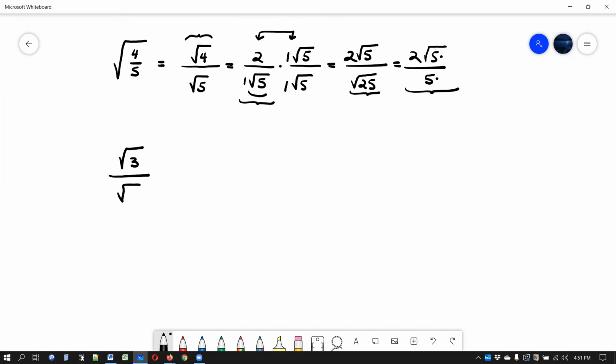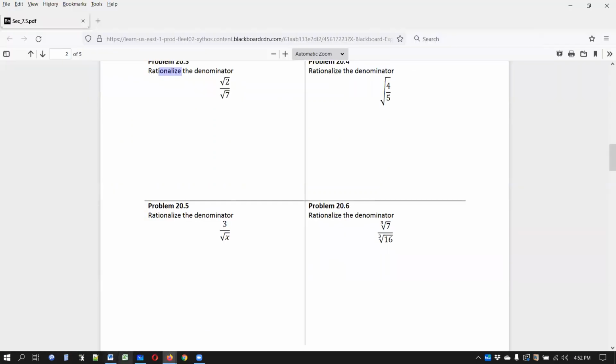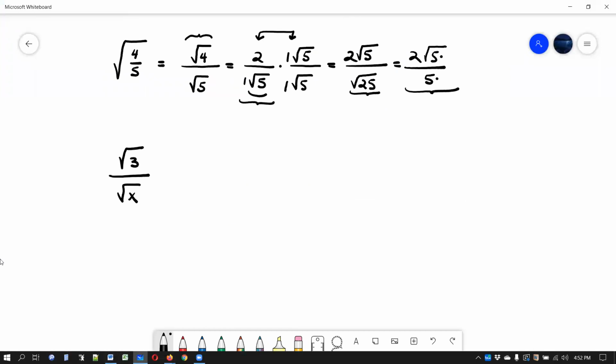Is it 3 or is it radical 3? 3 over radical x. Okay, same as before.